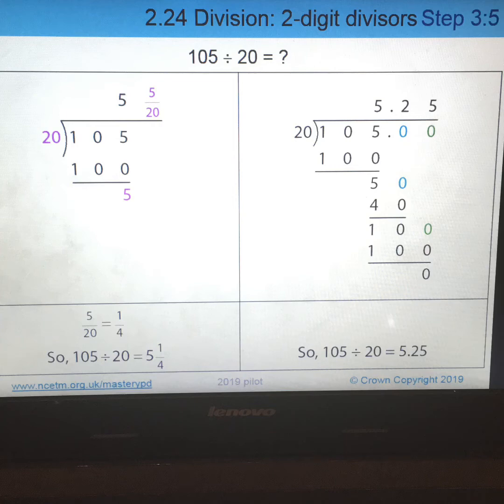Well, 20 goes into 50 2 times, which is 40. And then you've got a remainder of 10. You need to get another 0 this time. So this time we're going into the hundredths column. Bring another 0 down. So you've got 100 hundredths. 100 divided by 20 is 5, which is 100, so there is a difference of 0. So your answer is 5.25, which, as we know, is 5 1/4. Well done if you got those right.